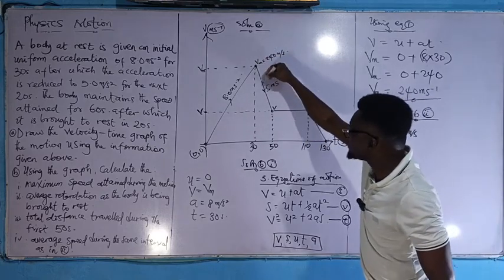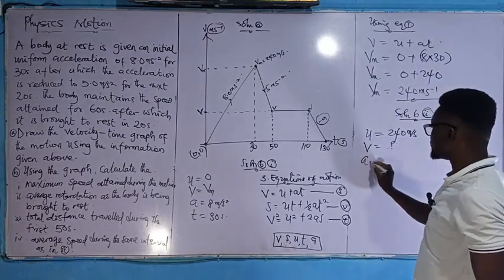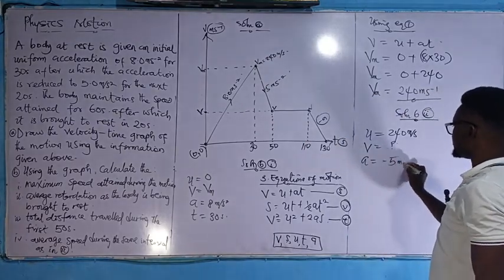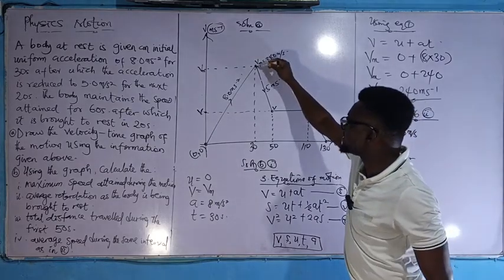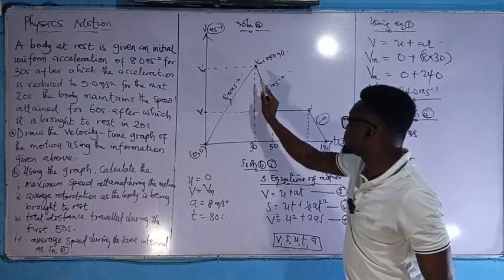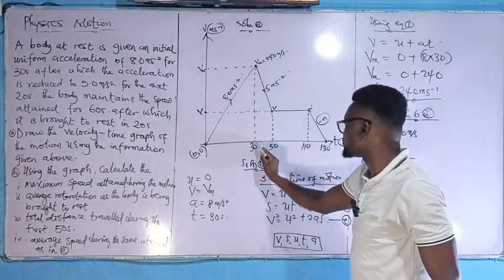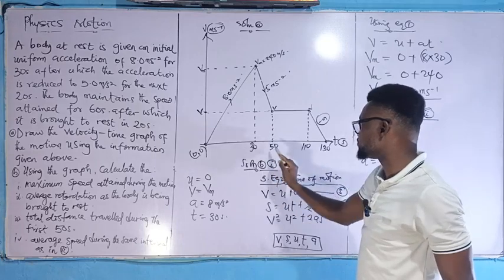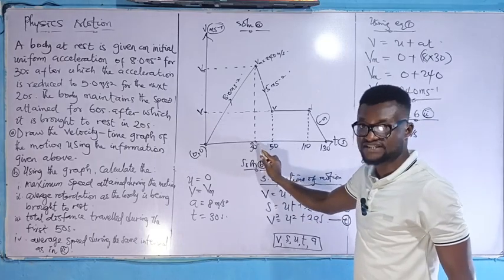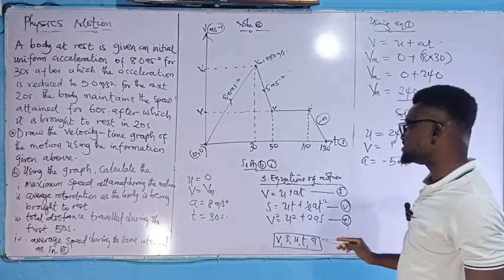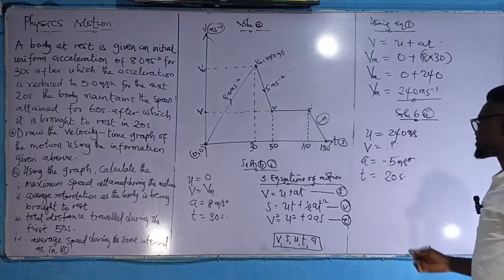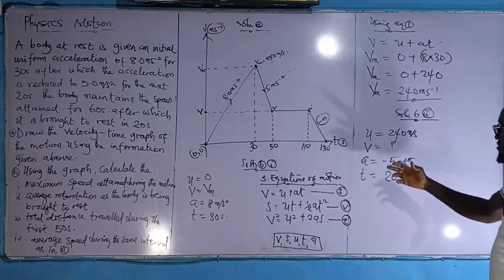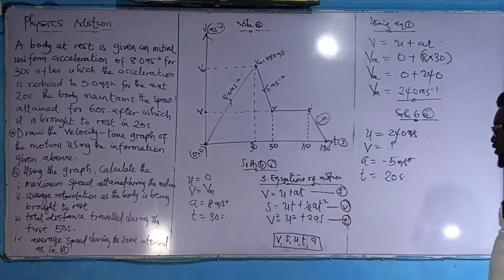So the acceleration should be negative acceleration. We have minus 5 meter per second squared. Then the time taken to decelerate from here to here is the time between 30 and 50, which is 50 minus 30, 20 seconds. Now, which of the formulas are we going to use from the three equations given?